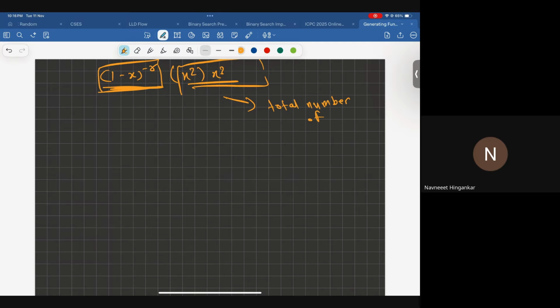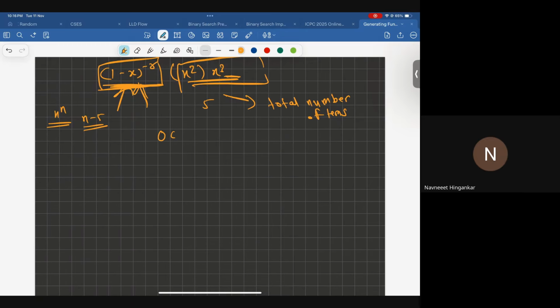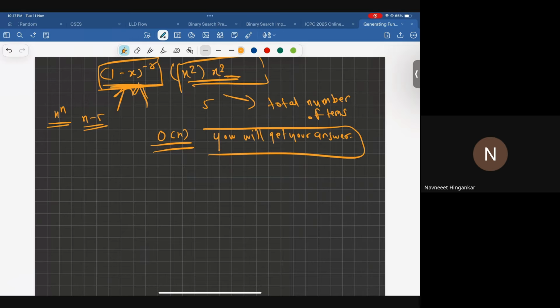Based on this part, whatever total number of terms you get, and obviously the subtraction part, let's say you need the coefficient of x raised to the power n, then if I got 5 from here, on this side you will get n minus 5 as the remaining total. So in O of n, you will get your answer. This is the beautiful part of generating functions.